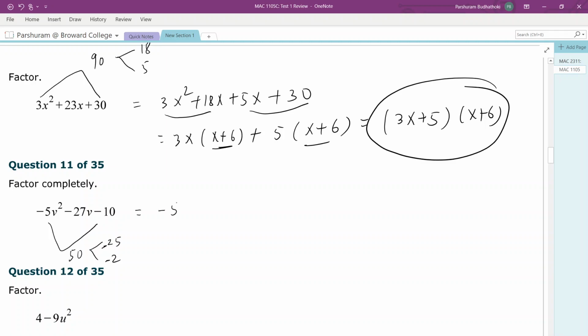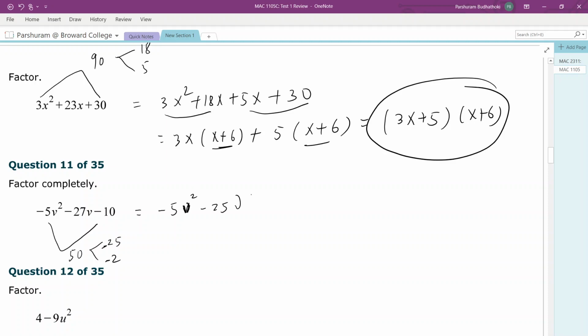So we can split this negative 27 as negative 25 and negative 2.